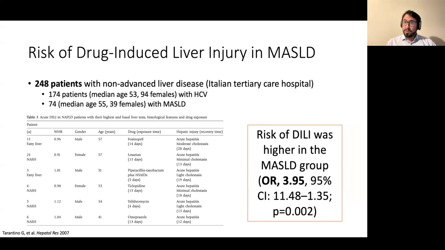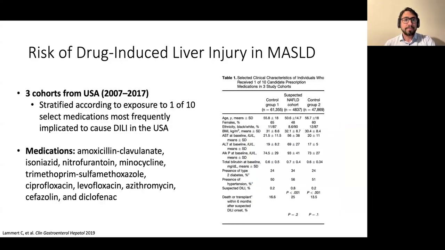And this risk was fourfold the risk in the hepatitis C cohort. As I mentioned before, the data available is not so granular to say that all individuals with MASLD are at higher risk of drug-induced liver injury, but for sure, it's something that deserves more attention.